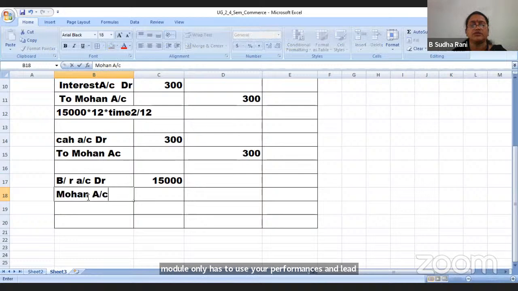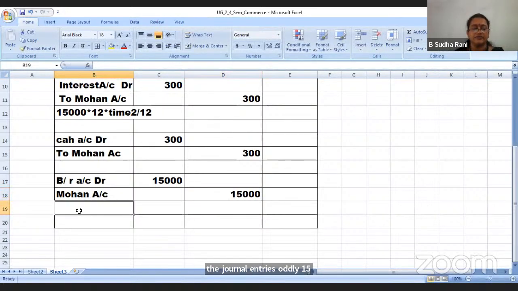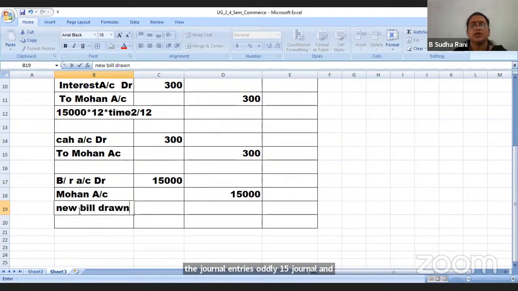If you are good enough with the journal entries, hardly 15 journal entries you will get. So this is the new bill, new bill drawn. And the new bill accepted and, on the due date method, bank account debit to bills receivable account as usual. Whatever entry was for the old bill honor, the same entry you will get for the new bill.